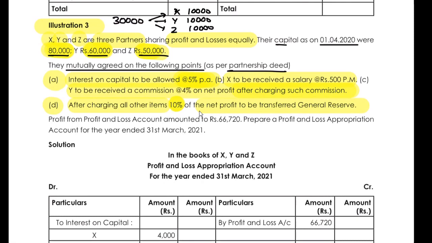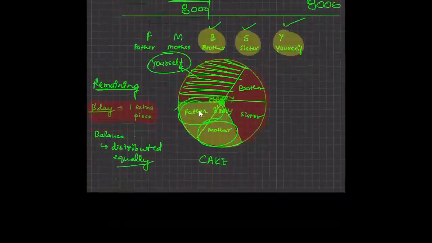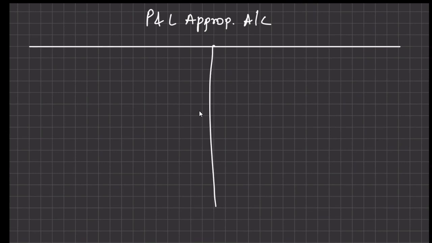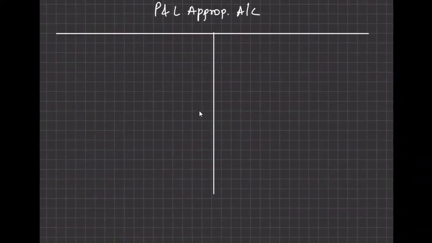Now we need to prepare a P&L appropriation account, and they have given a profit of 66,720 rupees. Okay, now let's start preparing the P&L appropriation account. First question, which we will do together, and then you can try yourselves. The starting point for this account would be your profit and loss.